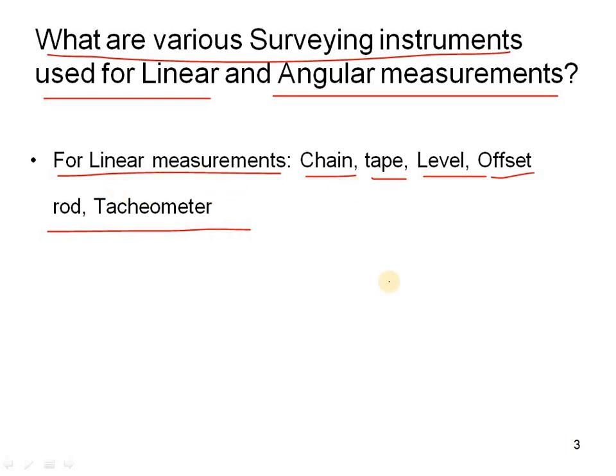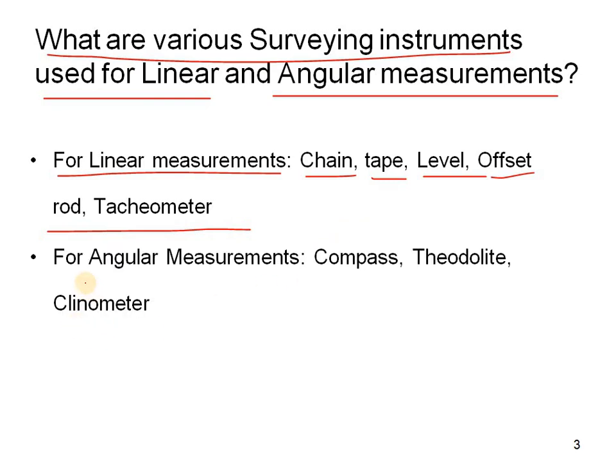Level means auto level or any dumpy level instrument. And for angular measurements we use compass, theodolite, clinometer. This clinometer is an advanced instrument we are using now with technology. It is used for measuring heights.